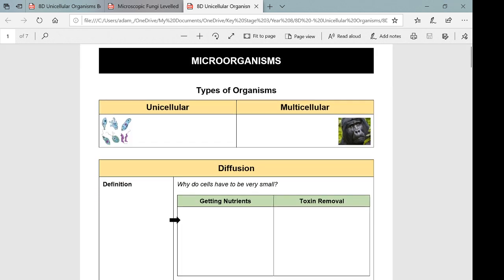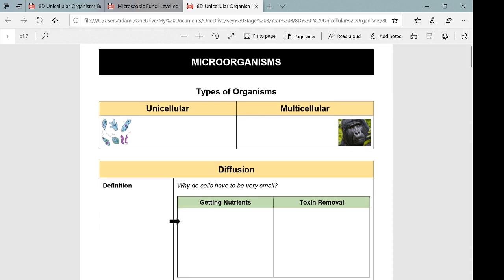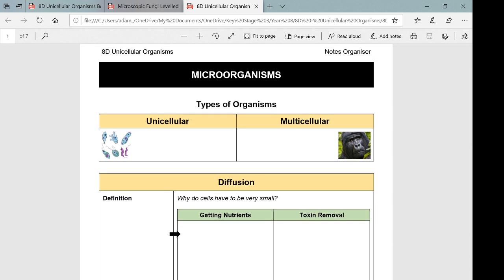So, in terms of what you have to know for this unicellular organisms topic, the first thing that I want you guys to understand is what being unicellular means. The opposite of being unicellular is multicellular.